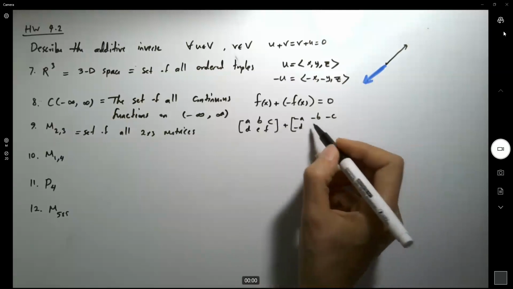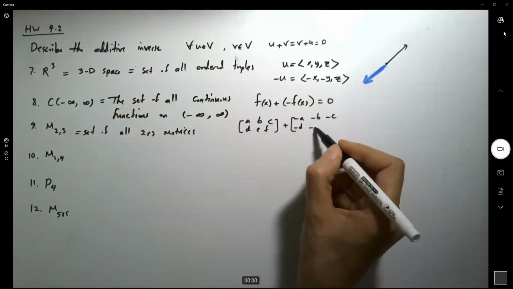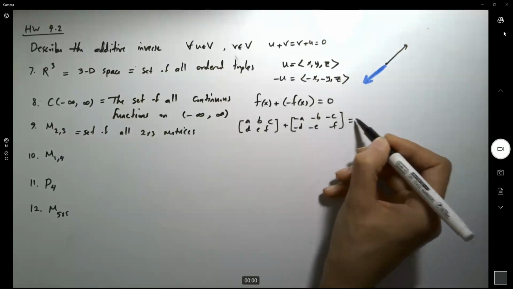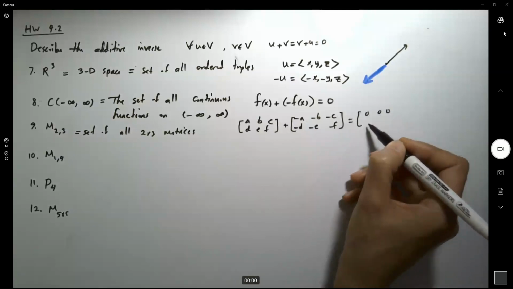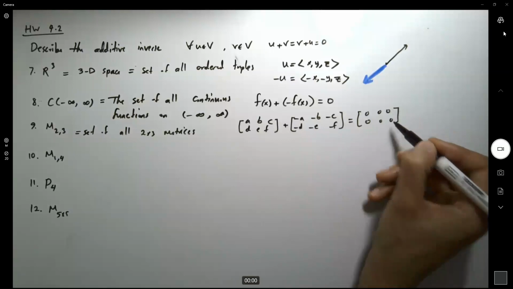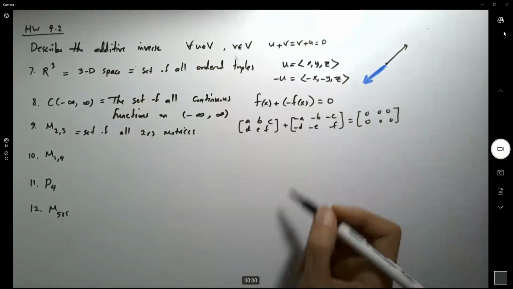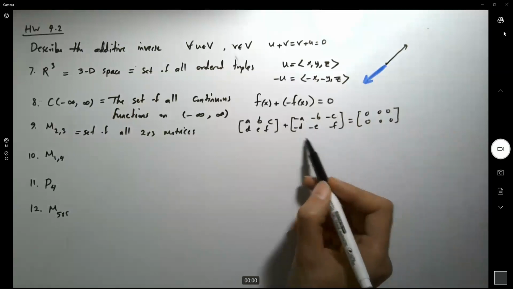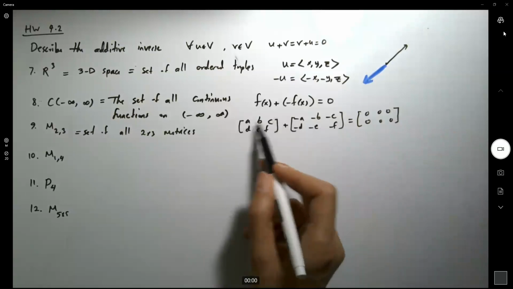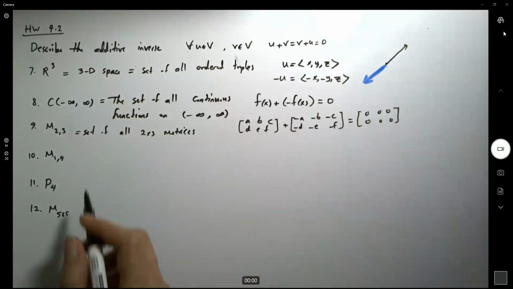So you're going to multiply your matrix by -1, and this gives you the 0 matrix. So the additive inverse is going to be this matrix. We're going to multiply every element by a negative sign.